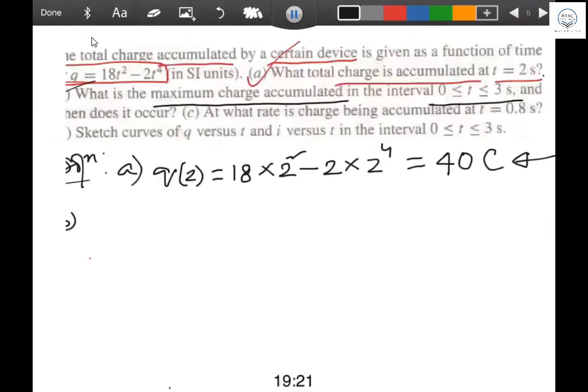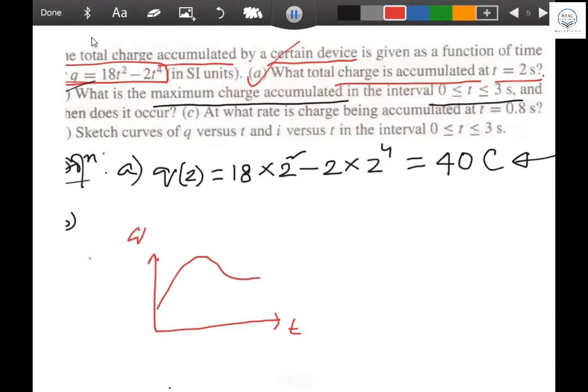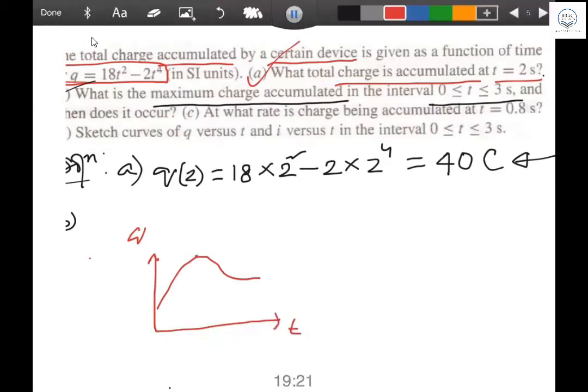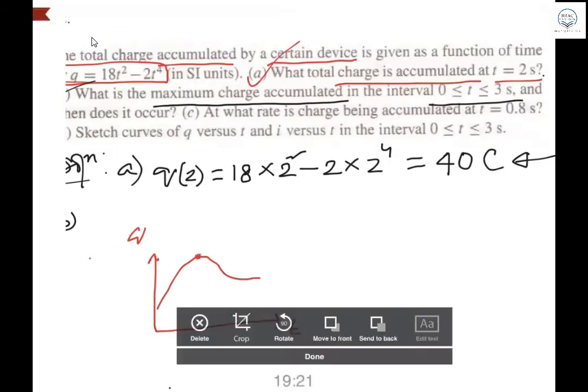As I showed you in the graph, the relationship of Q and T, it's coming like that. So at maximum, what is the charge accumulated? This is the maximum. You can see the maximum charge accumulated over here.